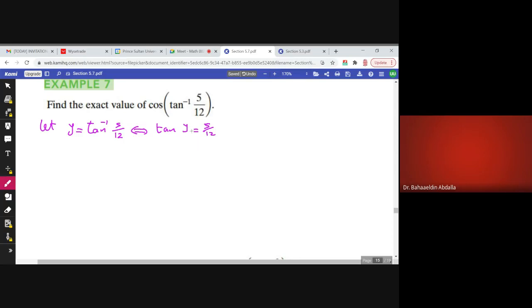First, we know that y is in the domain of tan, and the domain of tan that we chose is from negative pi over 2 to pi over 2. So that's the first information. And from negative pi over 2 to pi over 2 is quadrant 1 and quadrant 4.